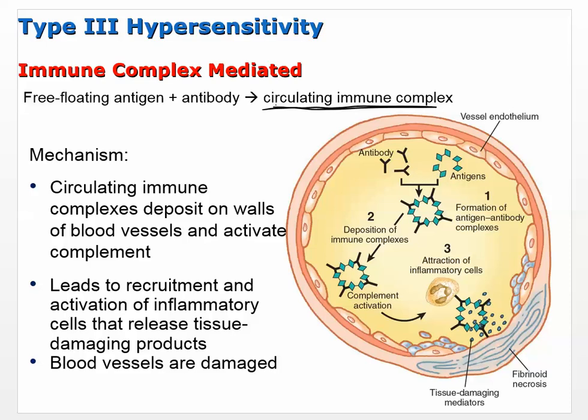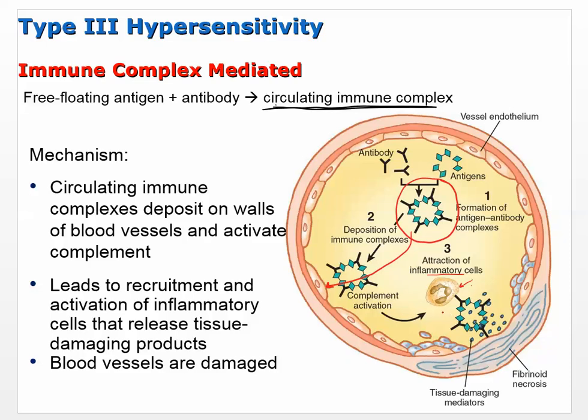And this complex can then, I guess, either be already rolling along the surface or move to the surface, and it embeds itself in the tissue or in the cell. And what it's doing when it does that is it's actually labeling that cell for destruction. And so the other parts of your immune system, so attraction of inflammatory cells, this looks like a neutrophil, is coming down and it's going to kill the cell.